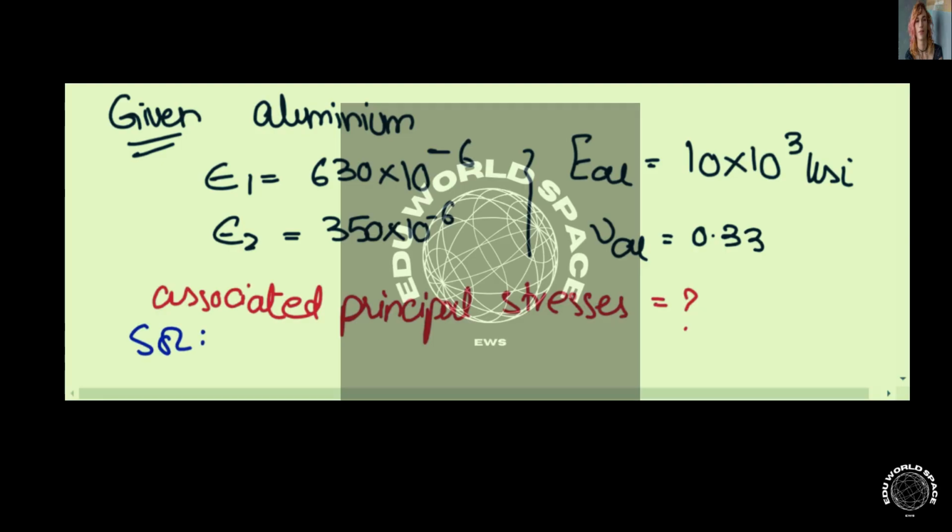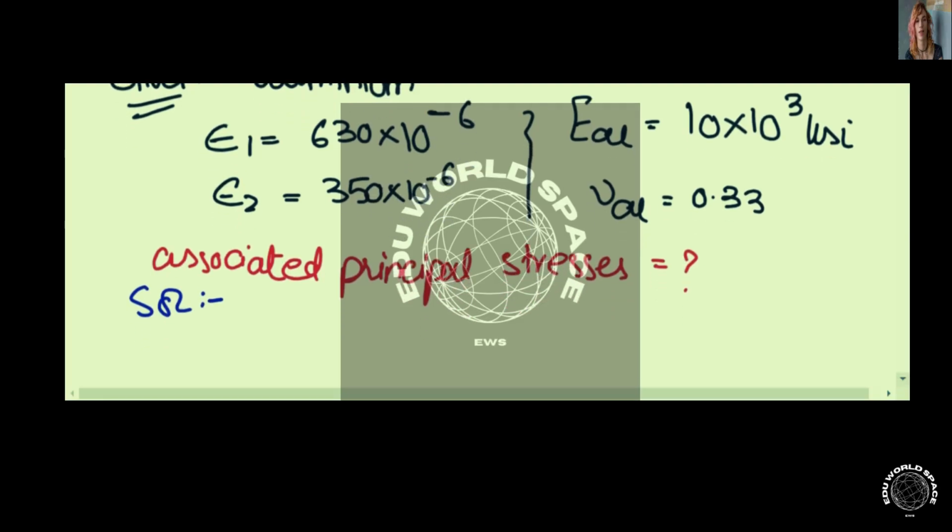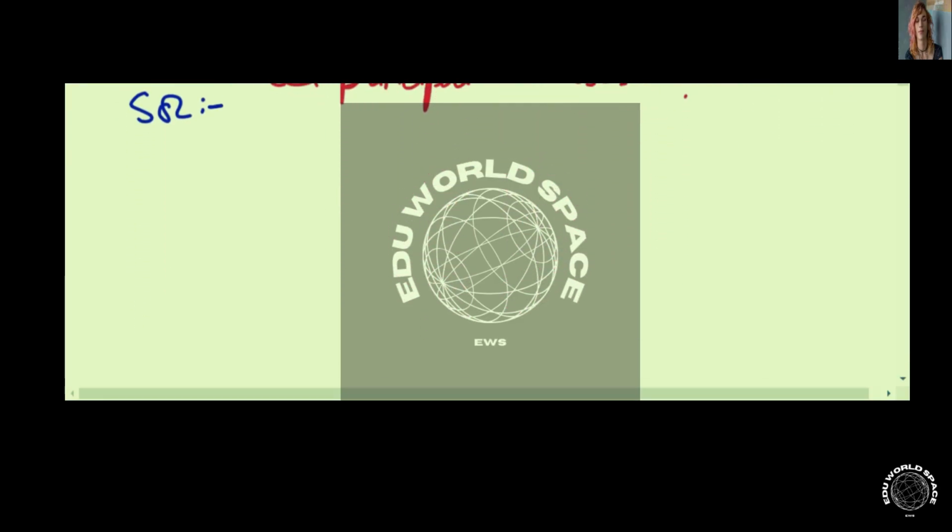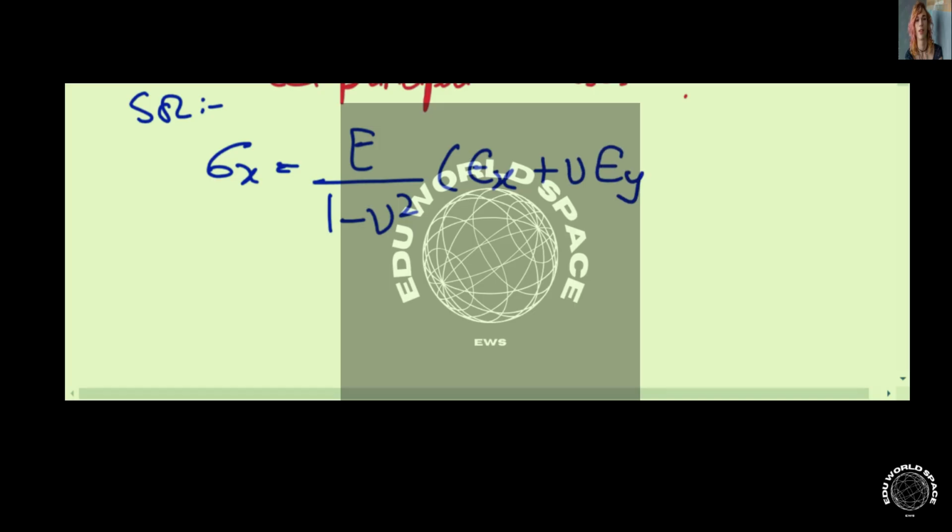The solution is very simple. In problem 10.30, we proved the following equations. Sigma sub x is equal to E divided by 1 minus epsilon square, parenthesis, strain for the x direction plus epsilon into strain for the y direction.